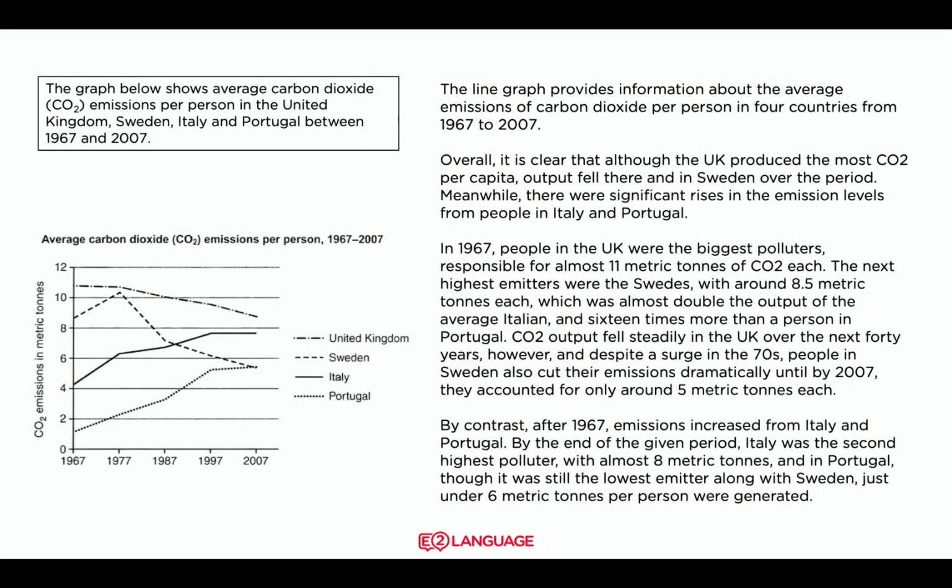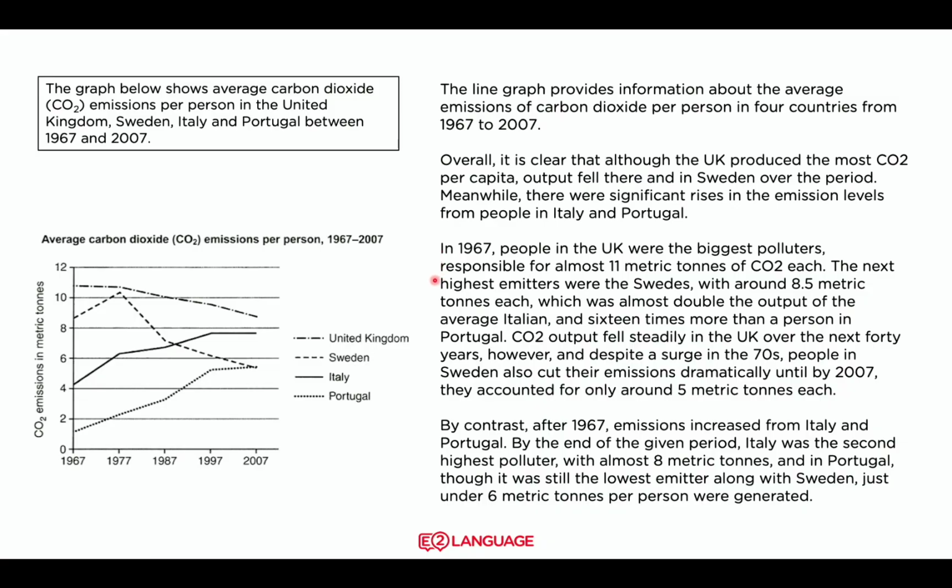So hopefully you could see clearly the introduction and the overview which contained no details but a broad statement about what happened during that period. And then the key features are divided according to the trends. Now this paragraph starts in 1967. People in the UK were the biggest polluters, responsible for almost 11 metric tons of CO2 each.